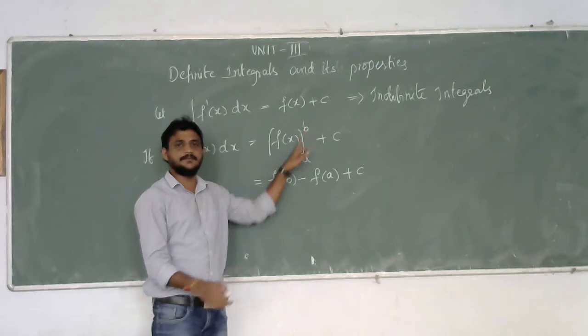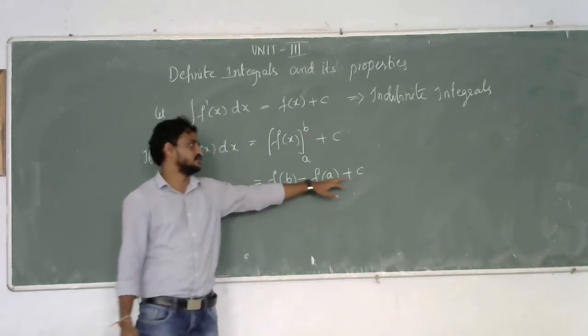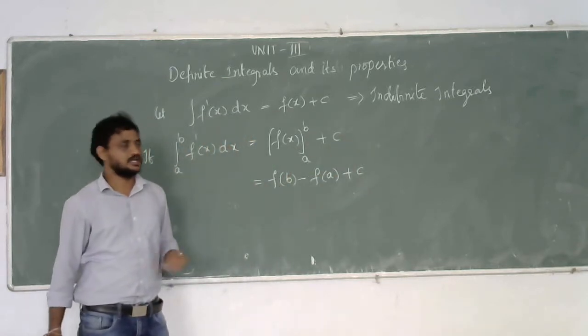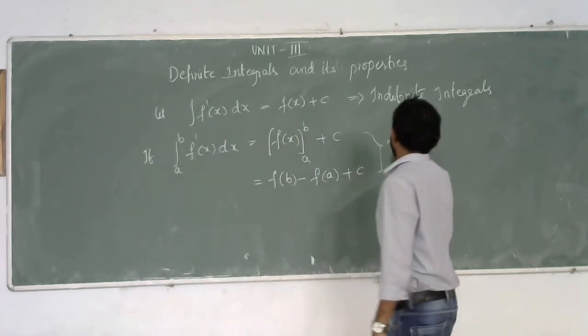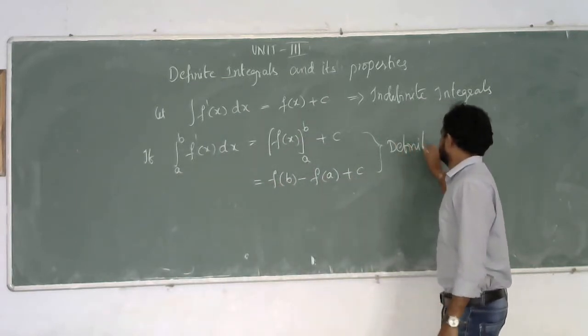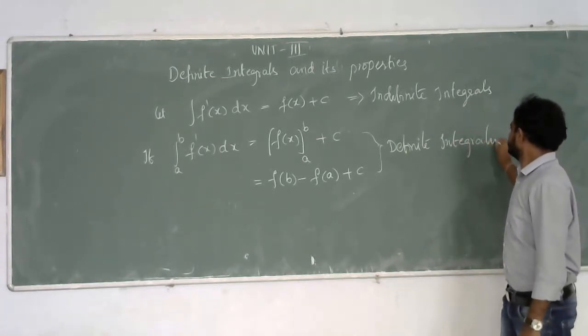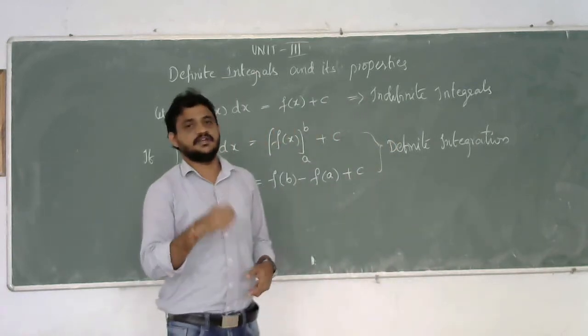First we apply upper limit minus lower limit, plus the constant of integration. C is called the constant of integration. So this type of integration is called definite integration.